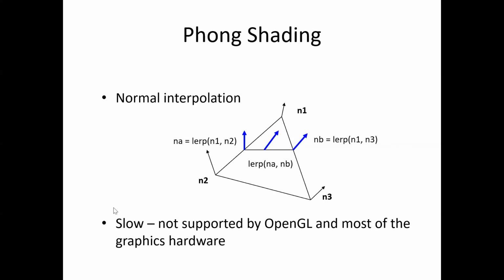Because of this it is slower, and not supported by OpenGL because it takes a lot of memory and time to render, and by most graphics hardware, but it gives a closer look to the actual scene. So this is the concept of shading.